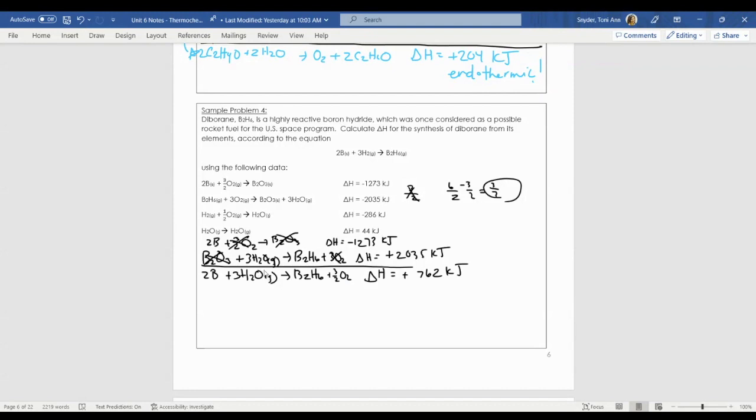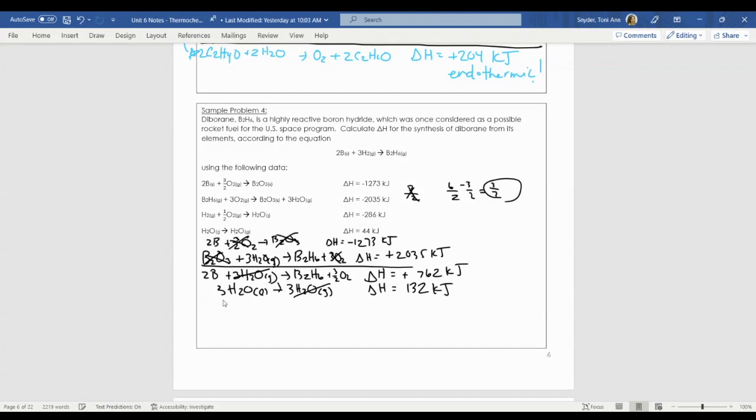Now let's get rid of this water vapor. Water vapor is a reactant here, and it's a product here. The only thing is I have to multiply this equation by 3. So I'll do 3 H2O liquid forms 3 H2O gas. If I multiplied my coefficients by 3, that means I have to multiply my delta H by 3, and I get 132 kilojoules.